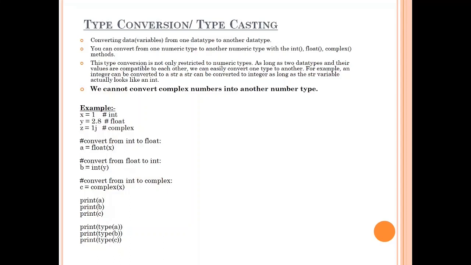I'll give you a very simple use case where you need to perform such a conversion. Suppose you need to determine whether a number is divisible by 5 or not, and you want the user to input that number from the keyboard. To take input from the keyboard, Python provides a function called input. But whatever you enter, the input function accepts it as a string.